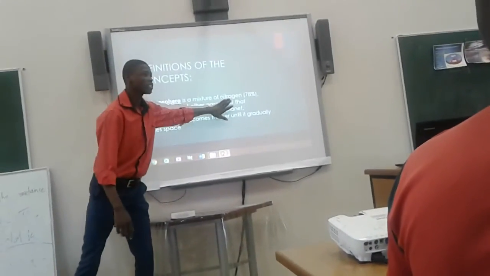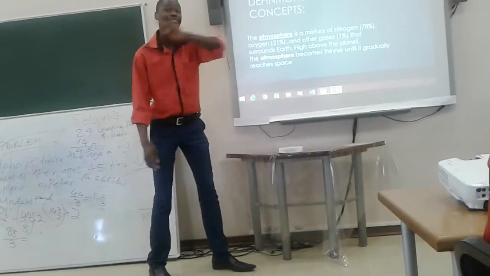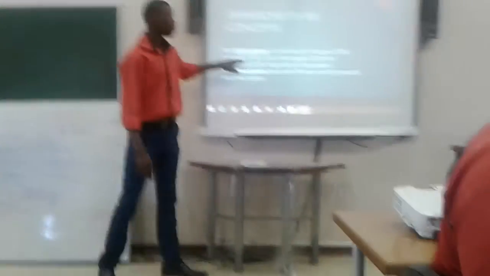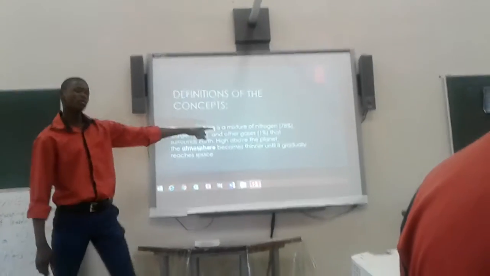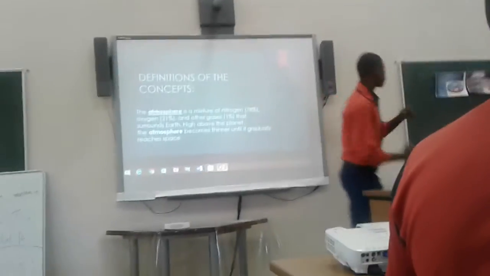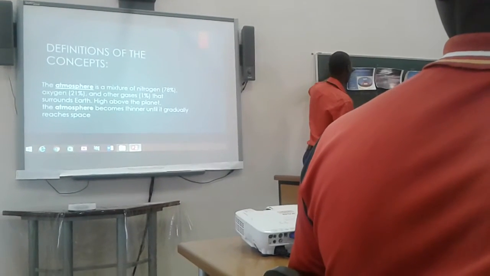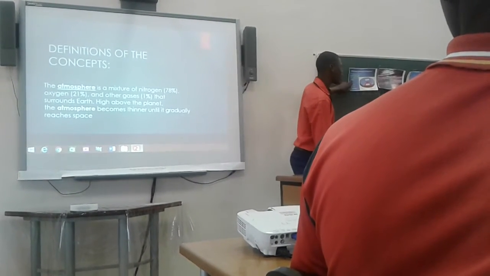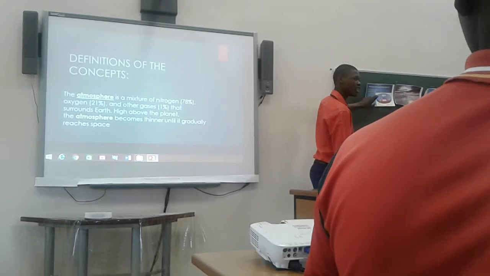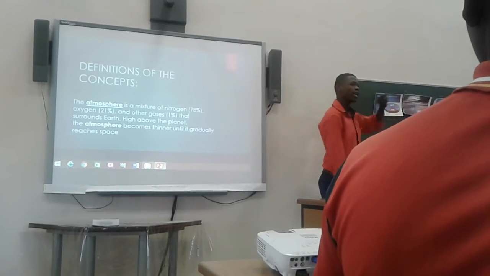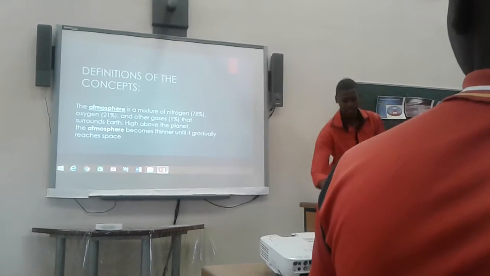We are talking of nitrogen, which composes 78%, and then oxygen, which composes 21%, and lastly we have 1%. Now, in that 1%, we have these following gases: trace gases, we have argon, we have carbon dioxide, neon, methane, krypton, and hydrogen. Yes, sir. We together? Yes.